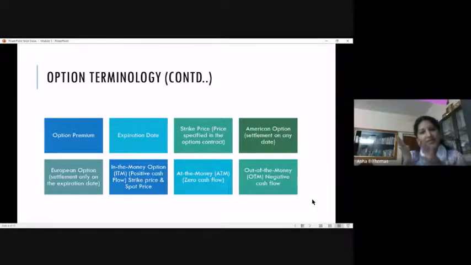Such a condition can happen for selling also. Suppose you have the right to sell an asset at 2,350, but actually in the market it is trading at 2,600. It's out of the money. Why should I sell my asset at 2,350 when in the market, at the date of expiry, I can sell the same asset at 2,600?